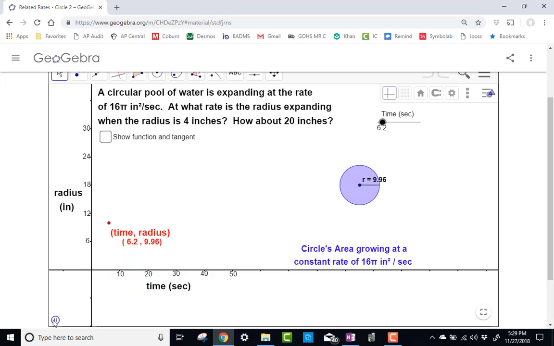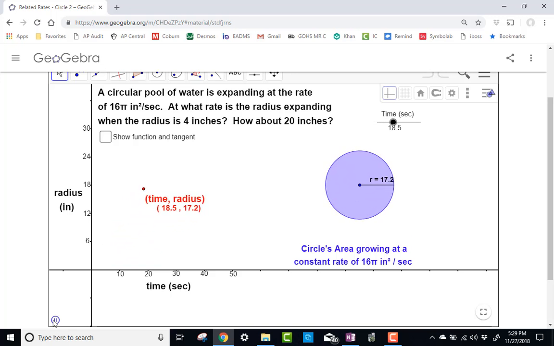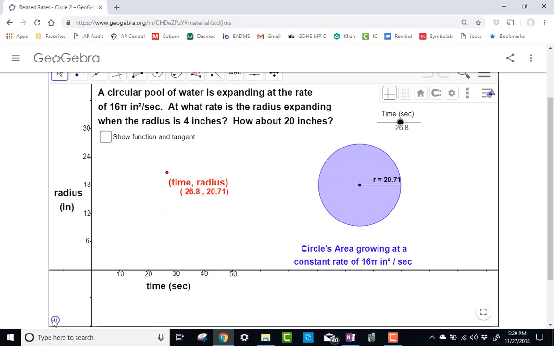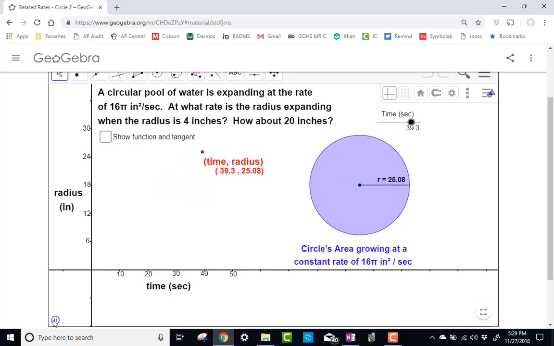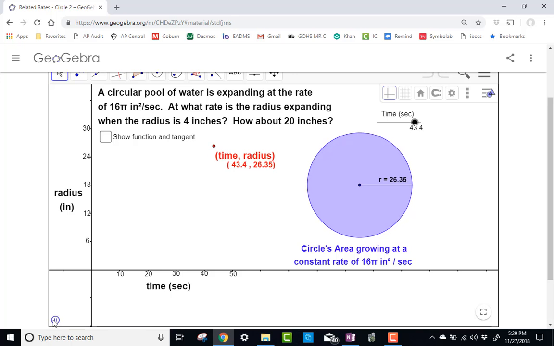You can see the area of the circle growing, the radius is getting bigger and bigger. The area of the circle continues to grow, the radius continues to get bigger, but if you notice, the rate of change of the radius is slowing down a bit.